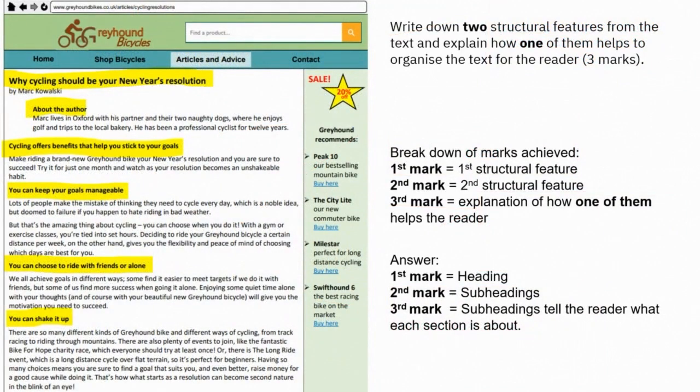In this case, I've decided to explain how the subheadings help the reader. So if you look at the answer again, you can see I've added the third mark. Subheadings tell the reader what each section is about. Note that I've only explained one of those 2 features. If you explain 2 of them, you would not gain that extra mark for the third point.